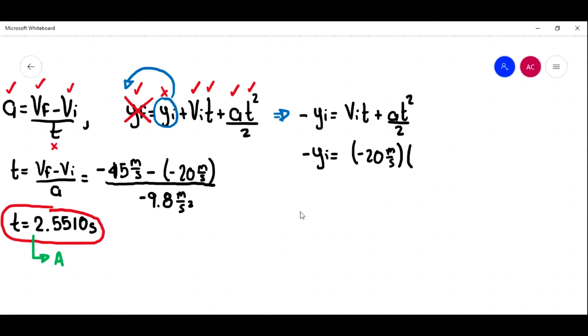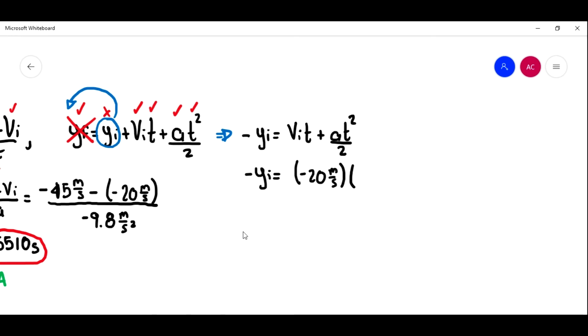How much is the time? 2.55 seconds, plus minus 9.8 meters per second square times 2.55 seconds raised to the square over 2.